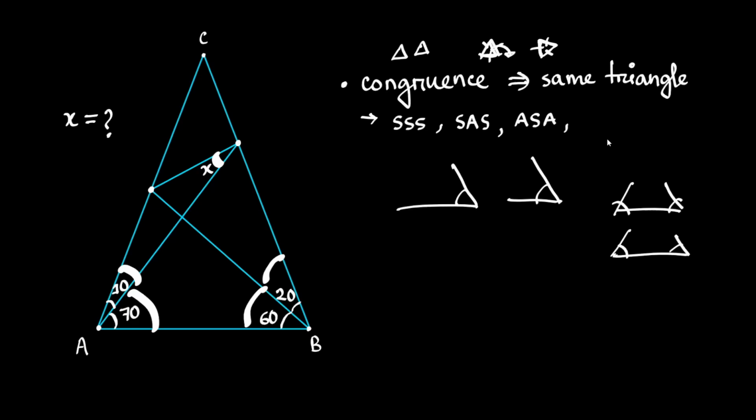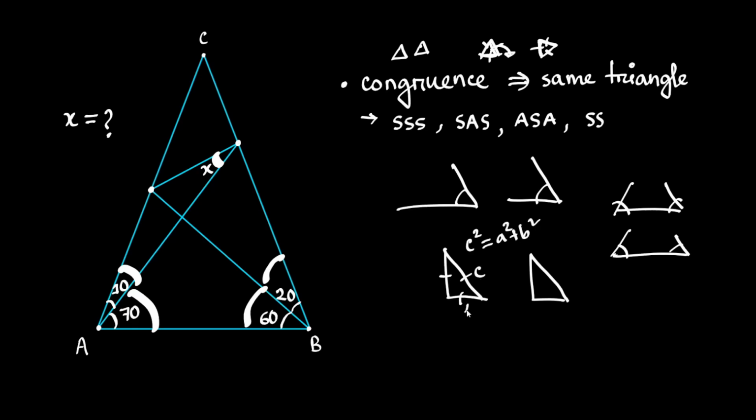And if you have a right angle triangle, in that case, if any two of the sides are equal, then they are congruent. Because we know from Pythagoras that c squared is equal to a squared plus b squared.